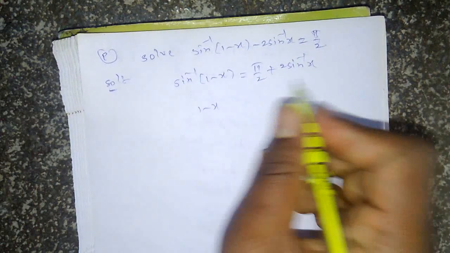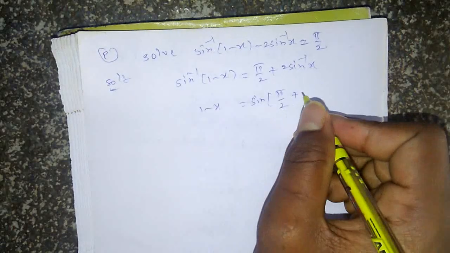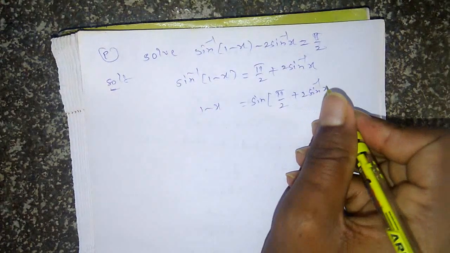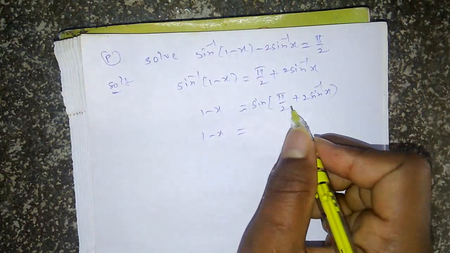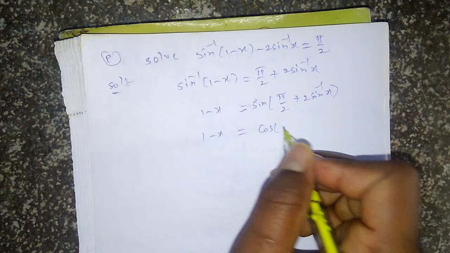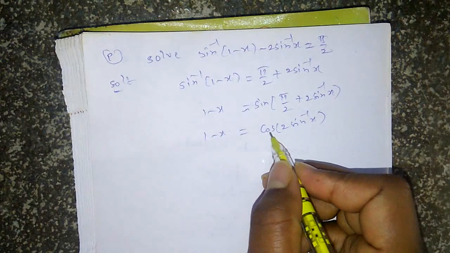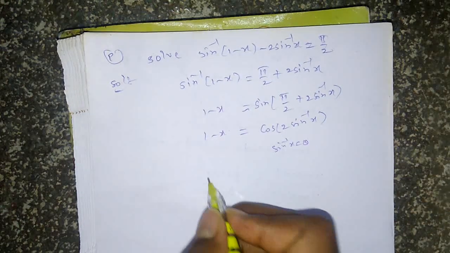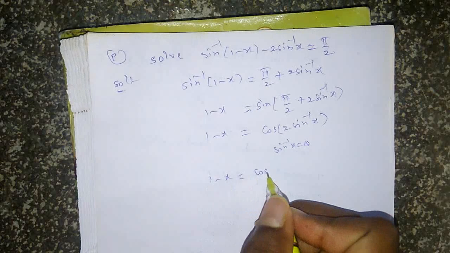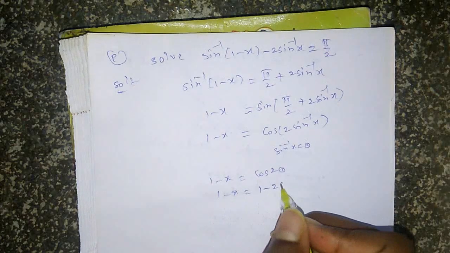Now bring the sin inverse to the right side, it will be 1 minus x is equal to sin of (pi by 2 plus 2 sin inverse of x). Sin of (90 plus theta) is cos theta, that is cos of 2 sin inverse of x. Let us take sin inverse of x is equal to theta, it will be cos 2 theta.